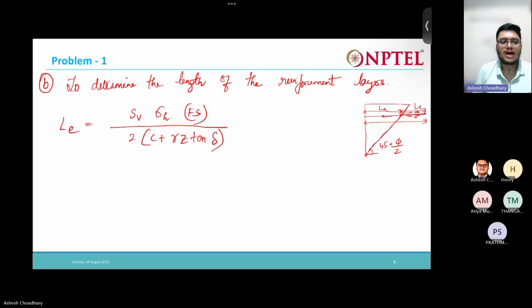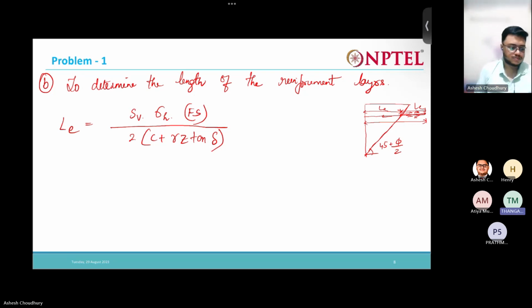Isn't it? So initially, we determined the spacing using the tensile rupture criteria, where the load coming, this same load S_V into sigma_H, should be less than the tensile strength of the geotextile. Now, this load coming should be less than the frictional resistance, the shear force or pull out resistance mobilized at the interface of the reinforcement and the soil.